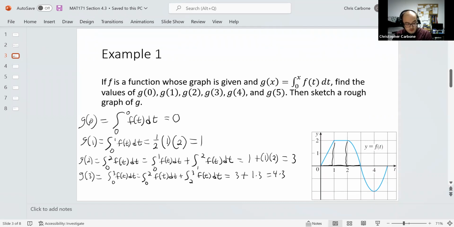For g of 4, this is the integral from 0 to 4 of f of t dt. This is the integral from 0 to 3 of f of t dt, plus the integral from 3 to 4 of f of t dt.